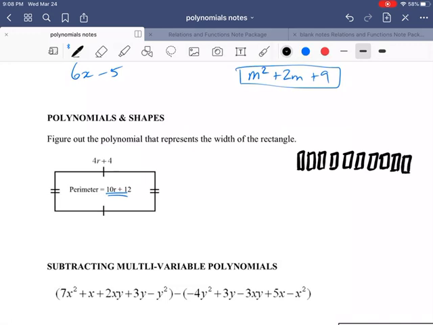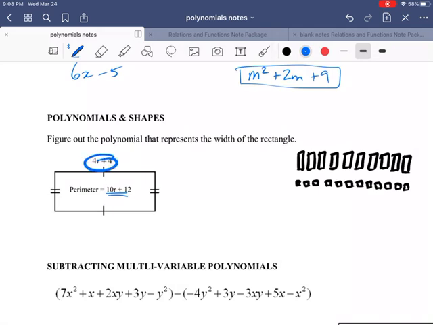So we have 10r, and then we have 12 units, single units. Now, what we're going to do here is dedicate some of these to each side.